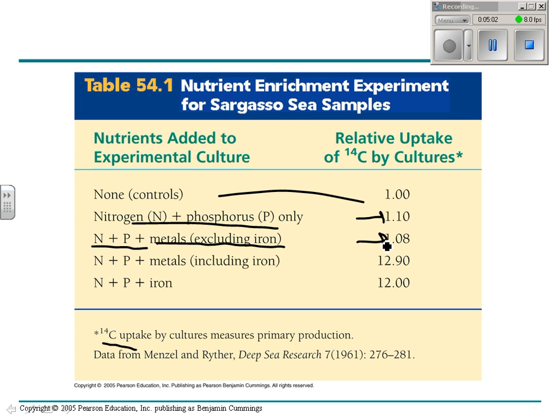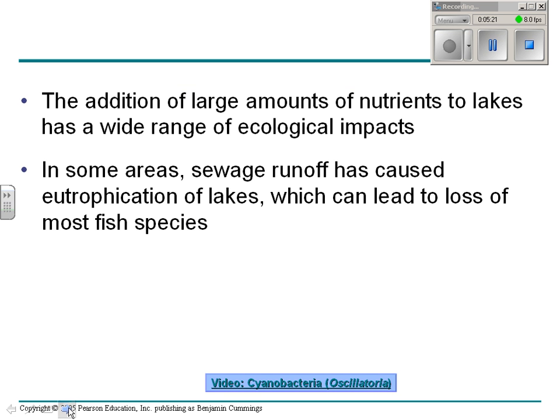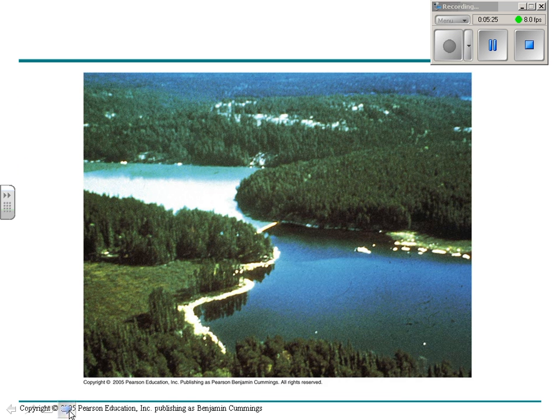When you had nitrogen, phosphorus, and metals, you had that, but when you added a metal, including iron, you got this giant uptake, which means that iron is needed. Not only is it just nutrients like nitrogen and phosphorus, but also minerals are needed. And we're going to talk about eutrophication later.